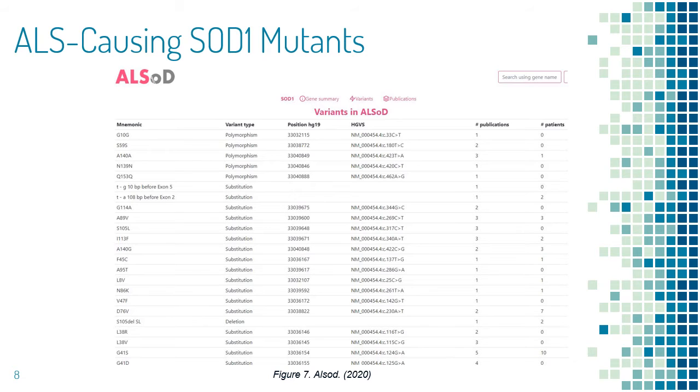And if you look on the left at the mnemonic, you'll see that most of them are basically a single missense mutation, meaning just a changing of one amino acid residue to another amino acid residue. And so it brings about the idea that how can it be that you can mutate a single residue across this entire enzyme in so many different areas and still result in the same disease? There must be some kind of trend, something going on. But as of this moment, no one's been able to elucidate the reasons.